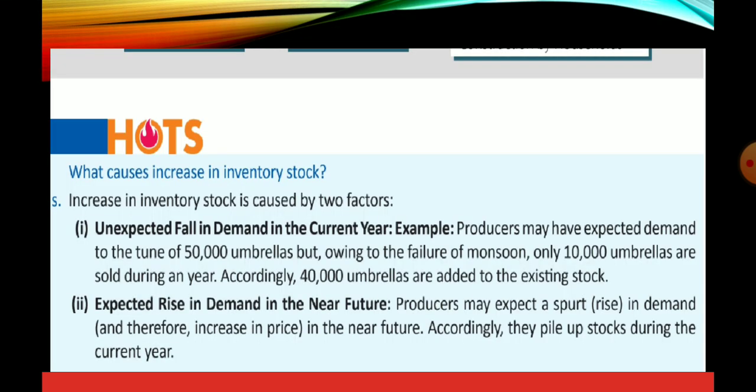Okay, now there is a high order thinking question: what caused increase in inventory stock? The stock of finished goods, semi finished goods, and raw material is less at the opening of the year, but at the end of the year it is more. So why? There are two factors of increase in inventory stock. First is unexpected fall in demand in the current year.